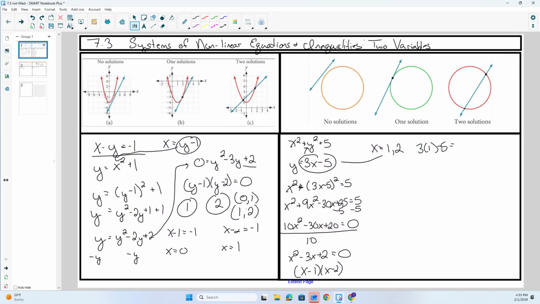So 3 times 1 is 3, minus 5 is negative 2. And then what about 2? So 3 times 2 is 6, minus 5 is 1. So this tells me my answers are (1, negative 2) and (2, 1).